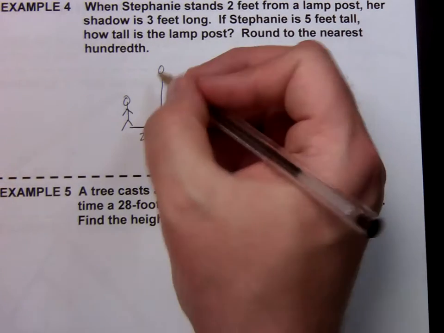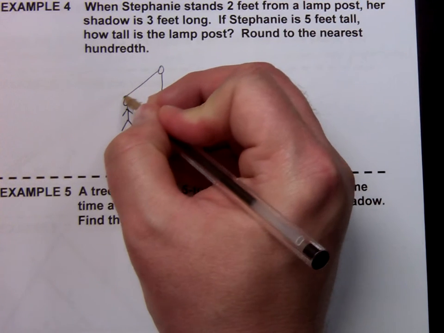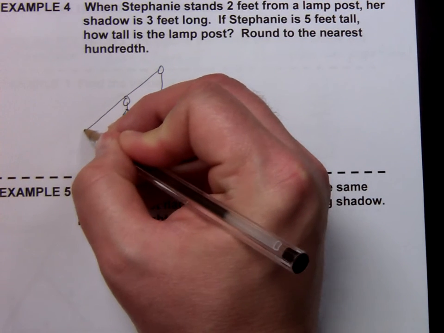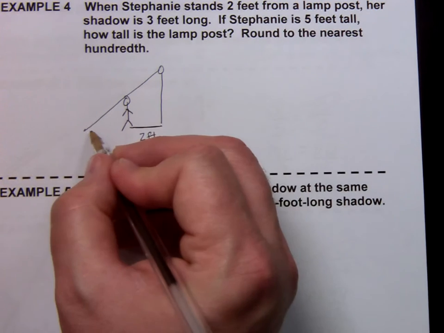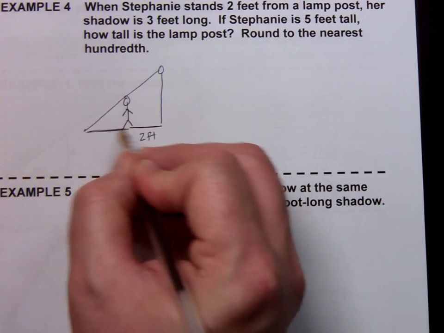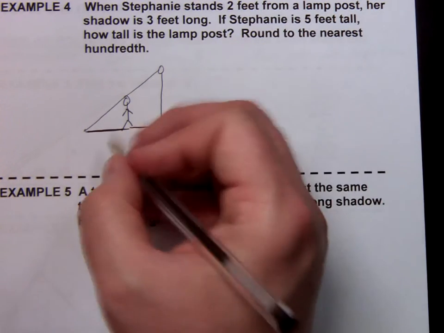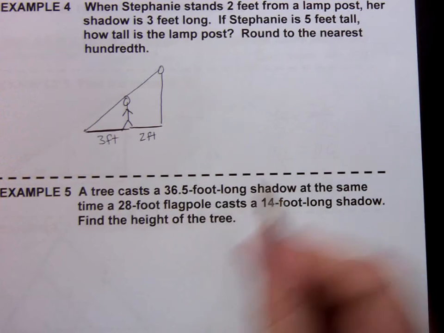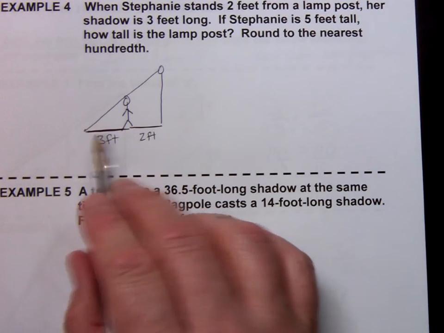So the light from the lamp comes just over her head and hits the ground over here, and so it's light over here, but when the light comes right here, it hits the body, and no light is able to get to this space. So this space right here is where the shadow is, and it said her shadow is 3 feet long. So here's Stephanie standing 2 feet from a lamppost, and her shadow is 3 feet long.